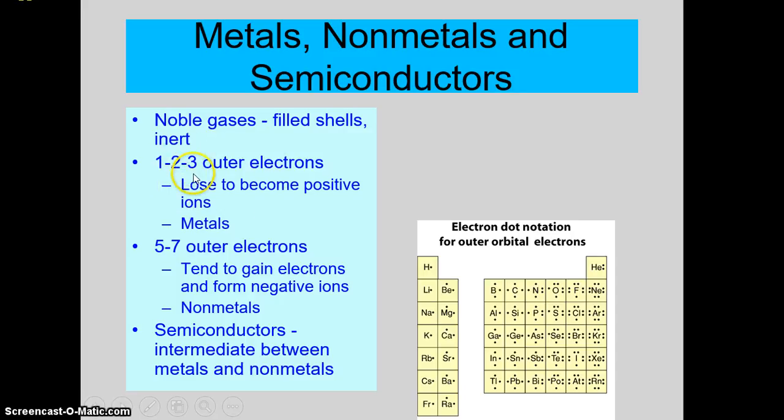Columns 1, 2, 3 tend to lose electrons. 5 through 7 tend to gain electrons. The semiconductors can act either way. What I want to do now is show you some examples of the dot notation, or sometimes it's called the Lewis dot notation.